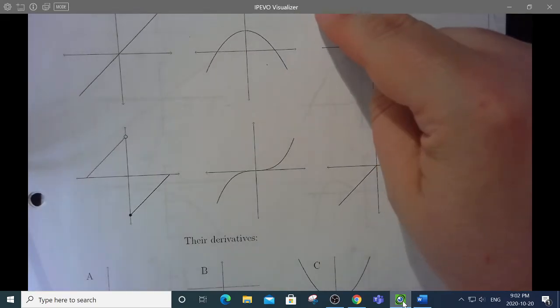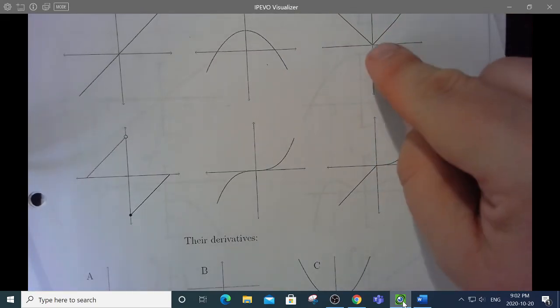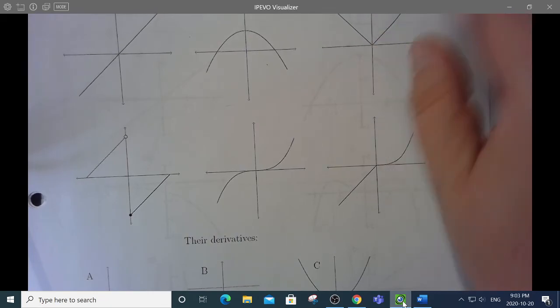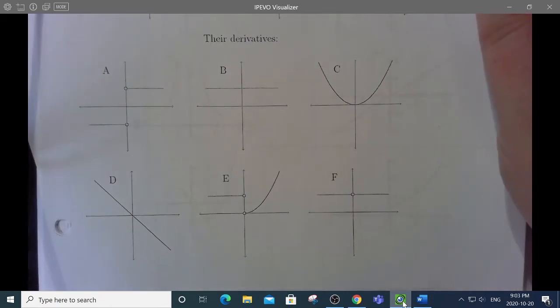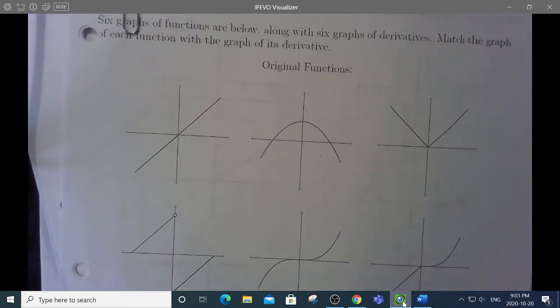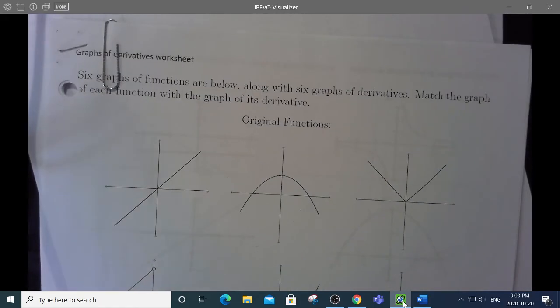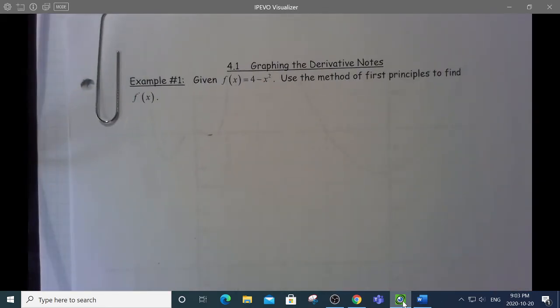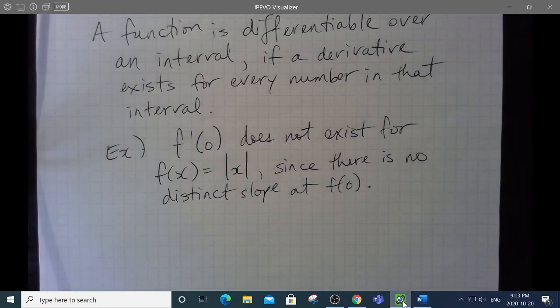I could find a derivative down here, I could find a derivative up here, but I couldn't find a derivative at 0. So which of those would be the derivative of that? Okay, so cool. This is going to be like a little booklet of things like that with graphs that you can work at, and I'll put this page in it too, and I'll make a little video to go through those.